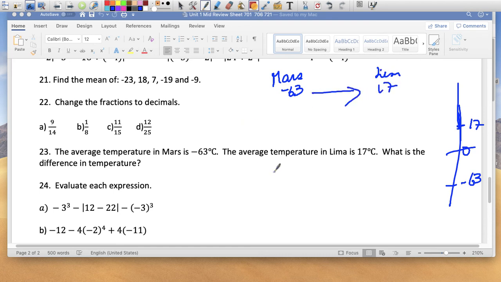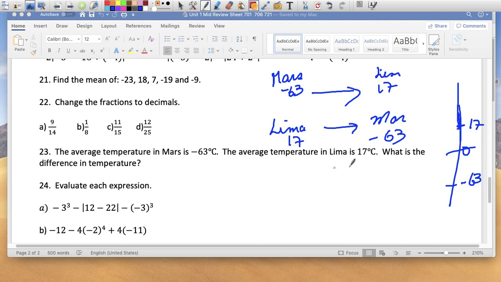Which obviously it's a positive change, right? Because it got warmer. Or we were in Lima at 17 degrees Celsius and we went to Mars, which was negative 63. What was the change in temperature? Obviously, in this case, the change in temperature was negative. So I didn't like the way this question was worded.